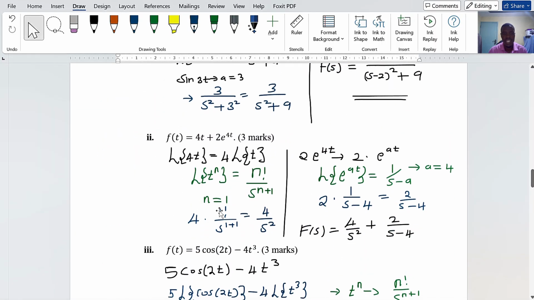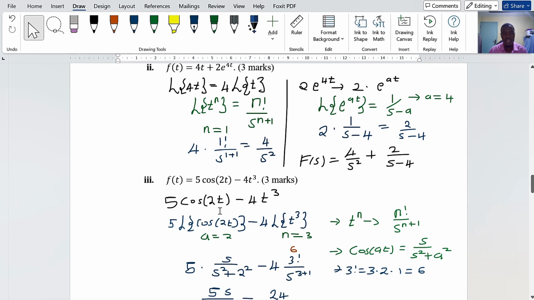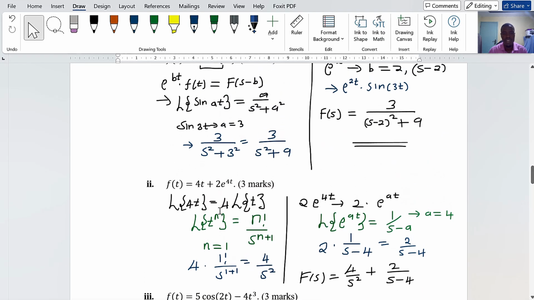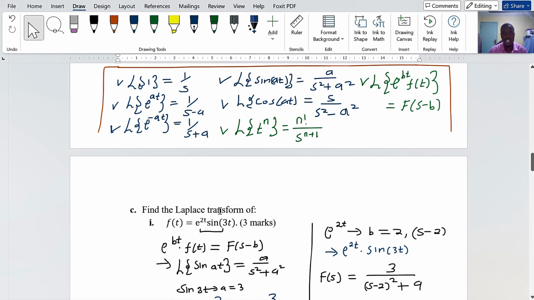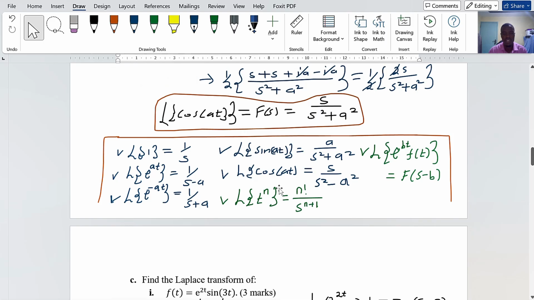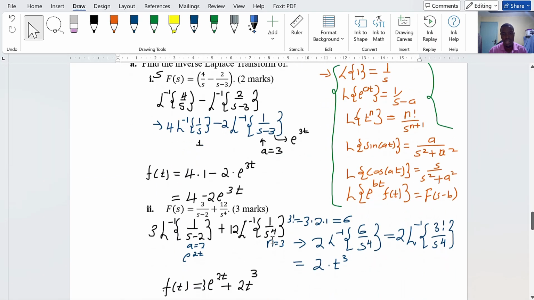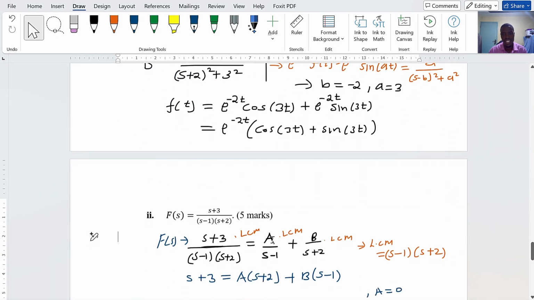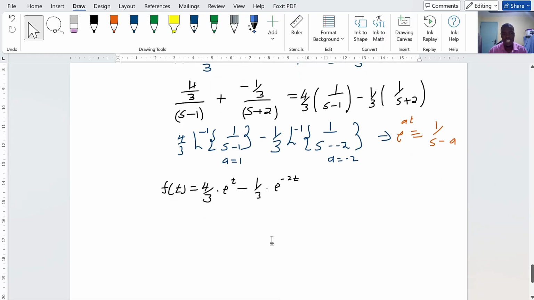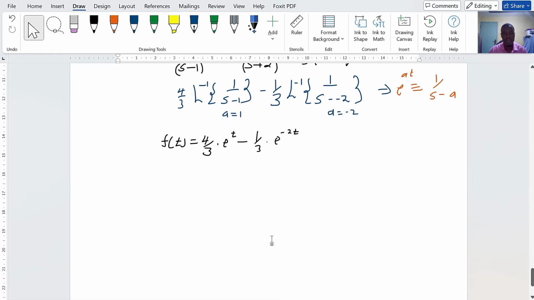So once you master the table, you just manipulate your functions to look like one of the functions in the table that you know their standard Laplace, and then you factorize or you substitute, and you get your result. Otherwise, this marks the end of basic Laplace transform and inverse Laplace transform.